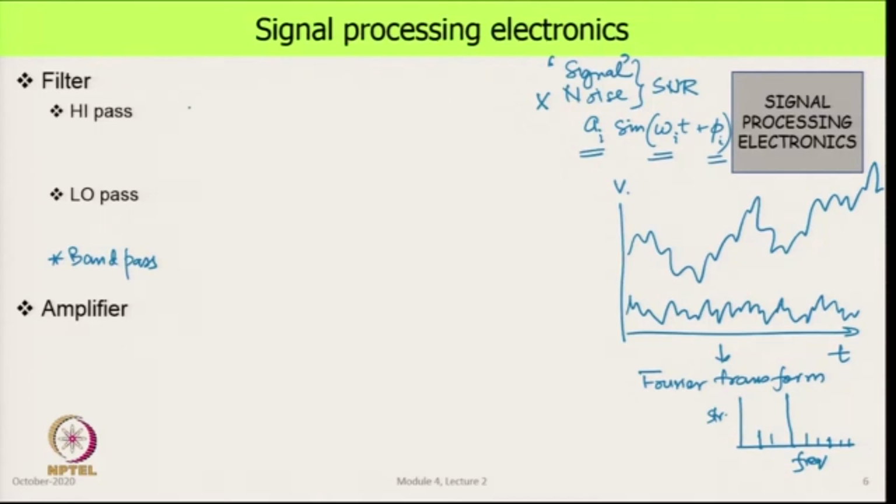High pass means that there is a cutoff frequency, and all frequencies greater than cutoff pass. Those which are less than this frequency are attenuated, maybe completely eliminated, maybe eliminated to some extent. That means, in this case, if we knew that this was a noise, then we could put a cutoff here and remove this frequency.